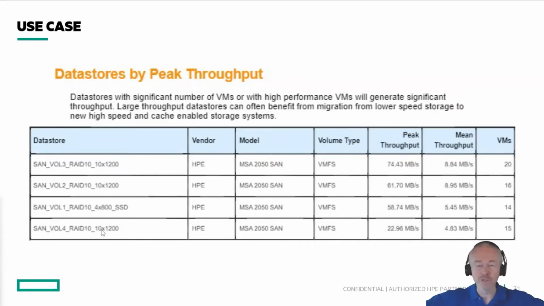Why not create one big pool of 30 disks? 30 disks is faster than 3 times 10. Why is that? Because look, there's one of 10 giving 74, 61. And this volume here, volume 4, only 22 megabytes per second. It can do much more, but there are not enough virtual machines on there.